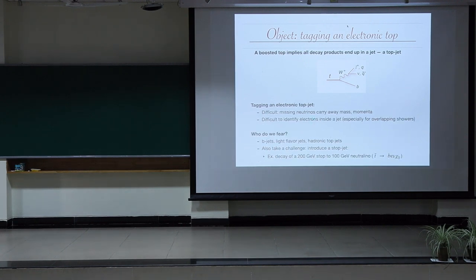So the way we say it, well, we'll make this tagger, but the condition that we set, because we wanted a tagger for an object, is that we would not use event information like missing energy. We'll only use whatever is available inside a jet. And just to make our life more miserable, a lot of the variables that people come up with often have kinematic information.